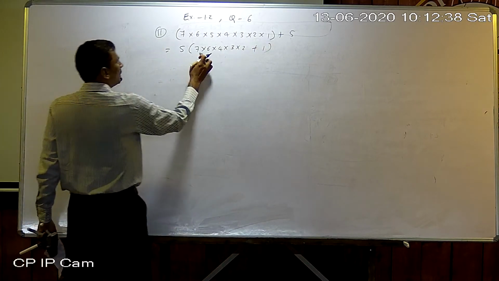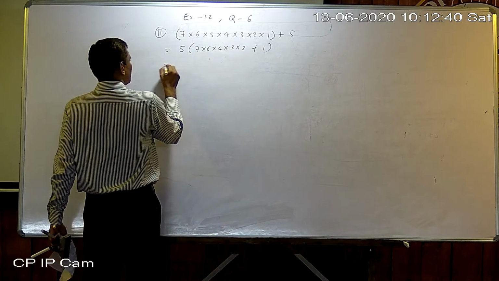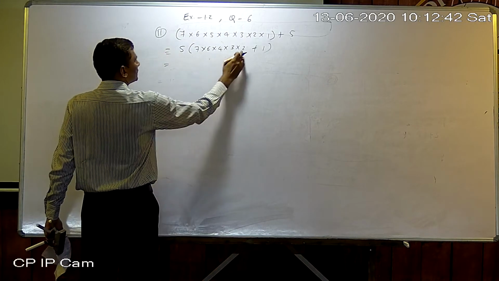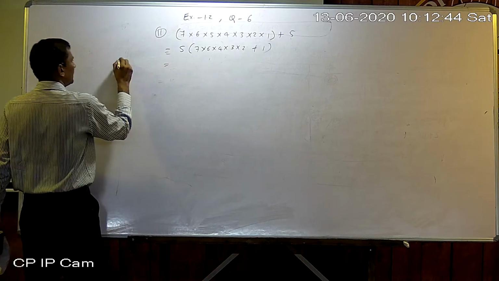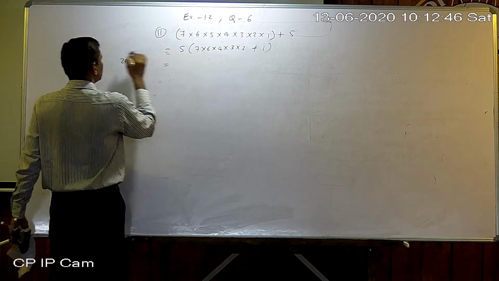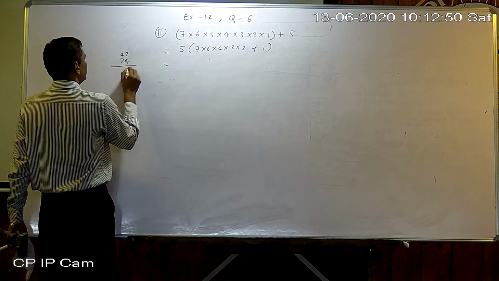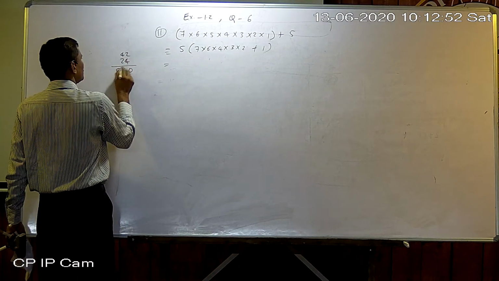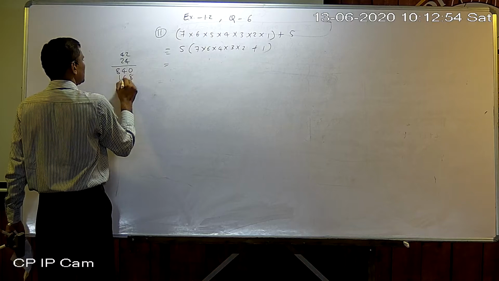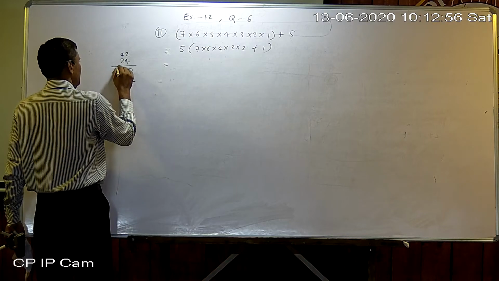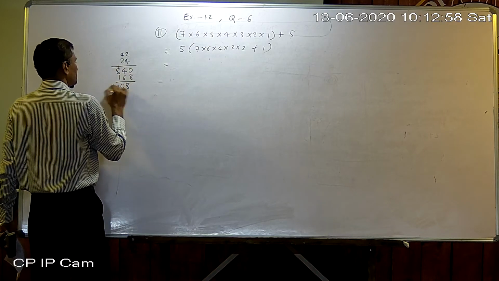Now find the product of all these numbers. 2 3s are 6, 4 6s are 24, and 7 24s are 168.